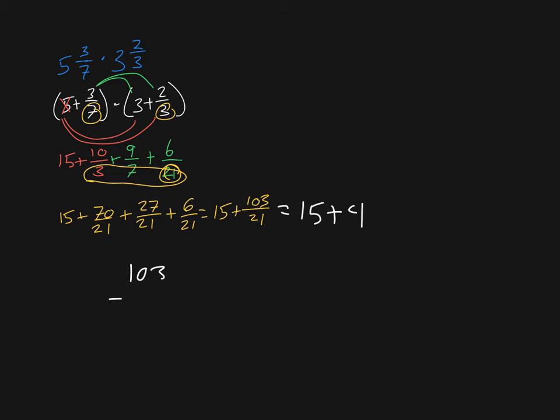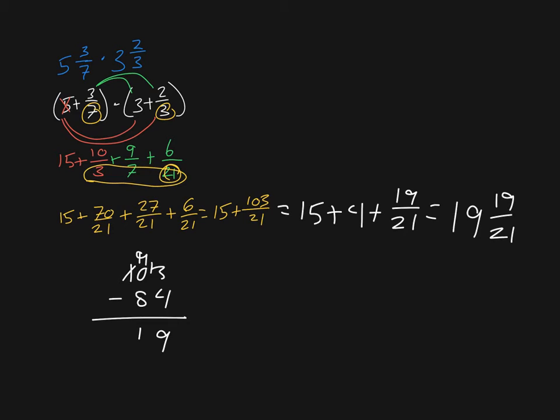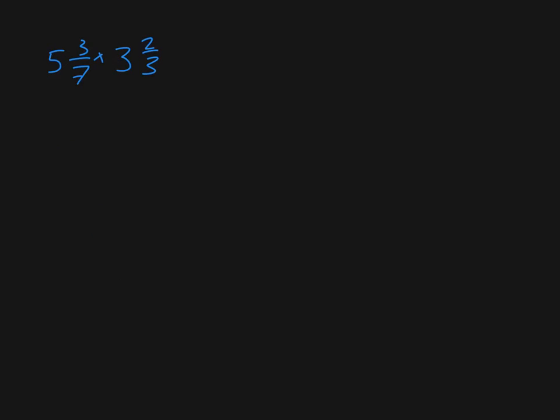So 103 minus 84, and regroup that again. So that gives us 19. So that's 19/21, which gives us 19 and 19/21.